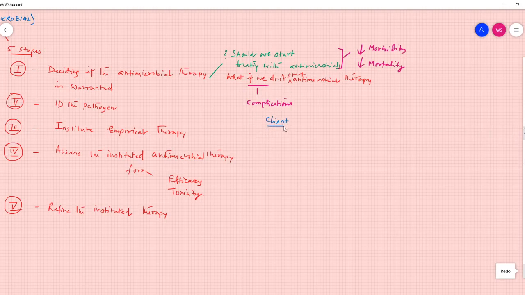So the client comes and says that he has got this infection for maybe 3 days.